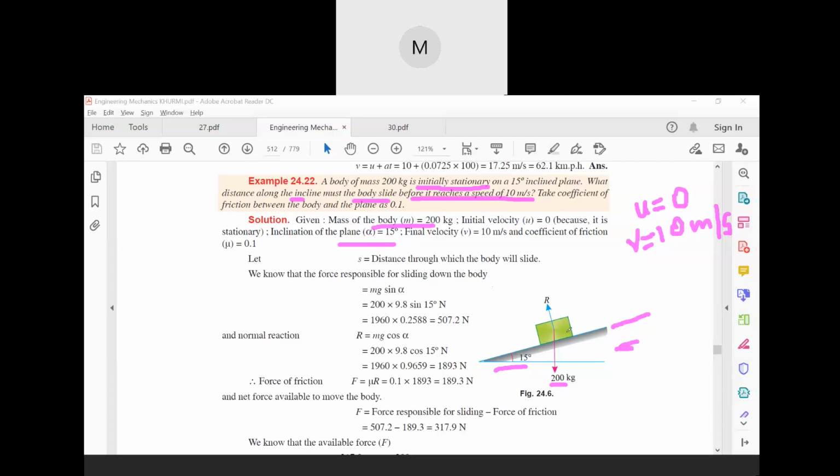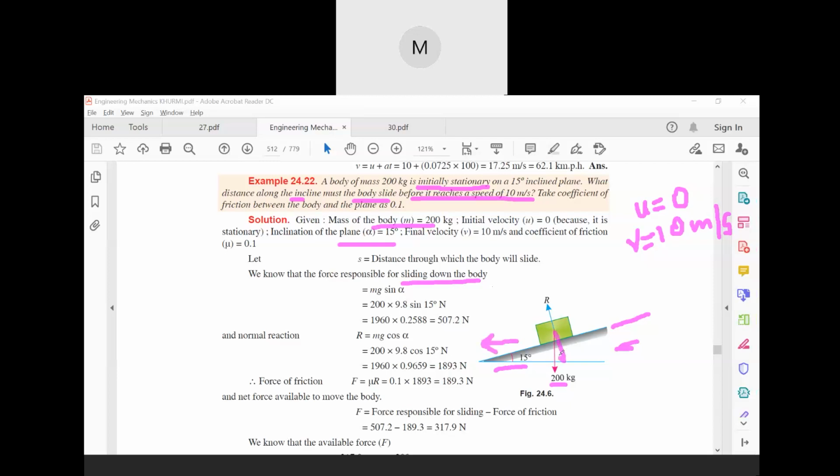Since the body is coming like this, there will be one force that is responsible for sliding down the body. Now the body is coming like this, so if it is moving in this side, that means what? It is sliding, right?